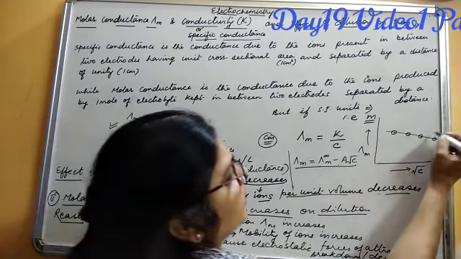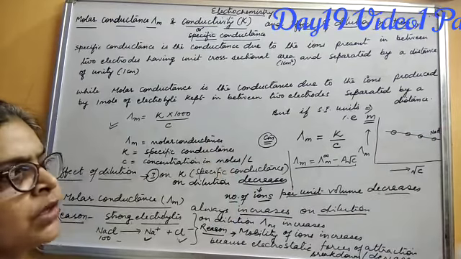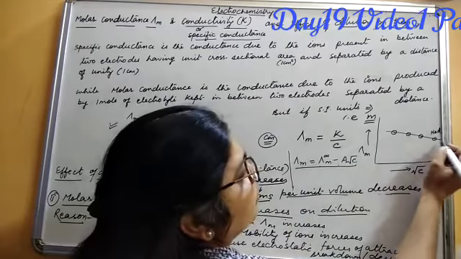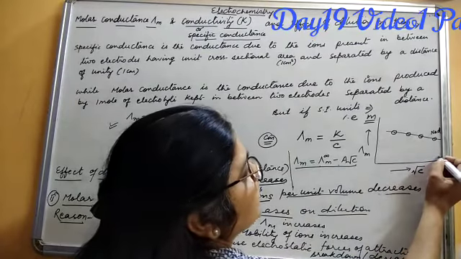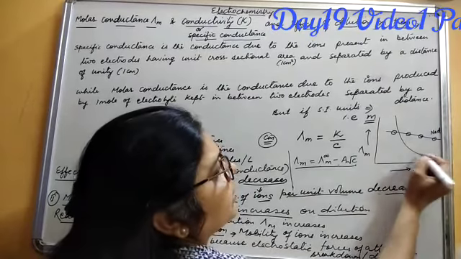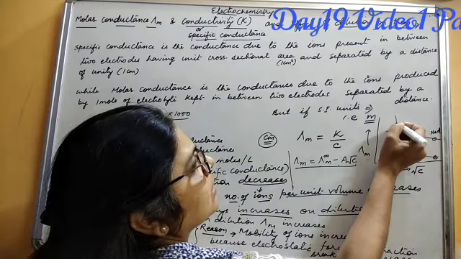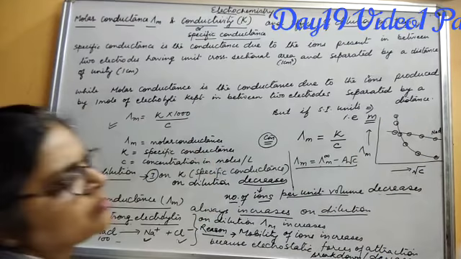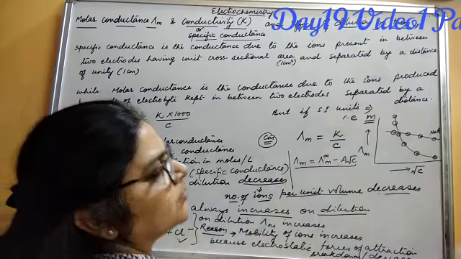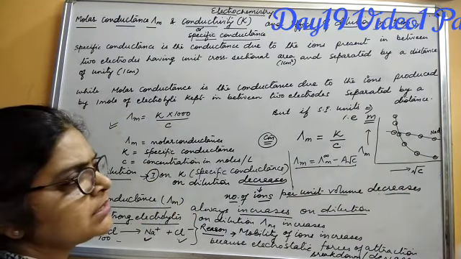This graph is for NaCl or KCl, strong electrolytes. For a weak electrolyte, the graph will not be like this, it will be very steep, which shows that with decreasing concentration, or increasing dilution, molar conductance of a weak electrolyte increases with very high magnitude. For a strong electrolyte, molar conductance increases by lesser magnitude.